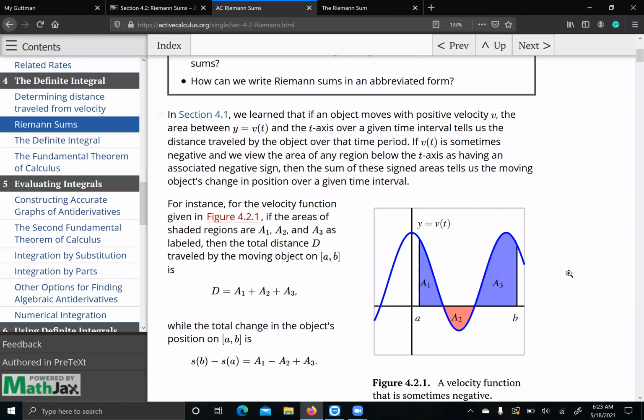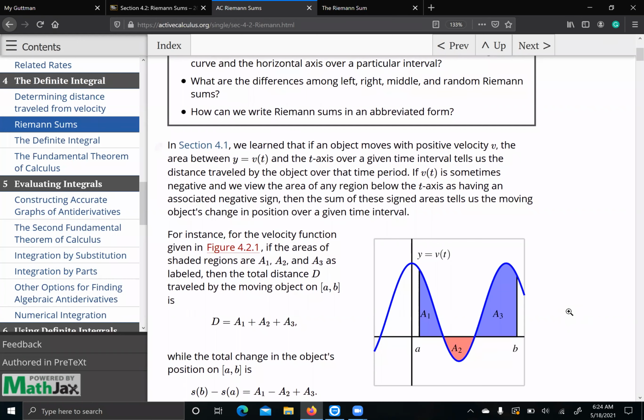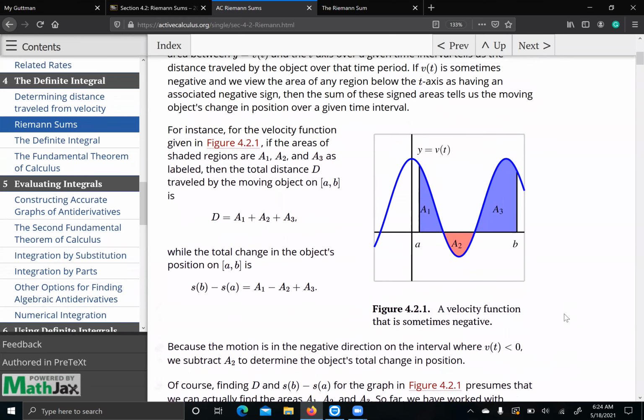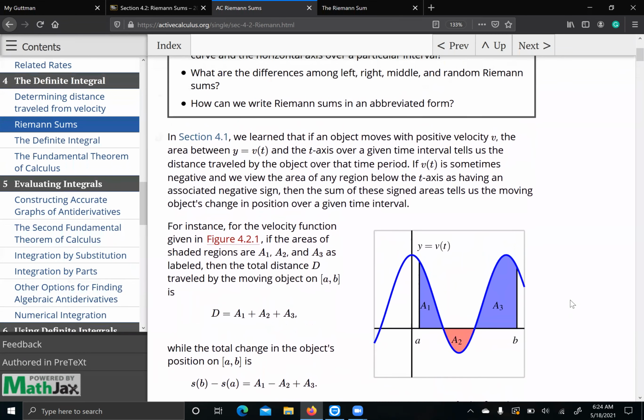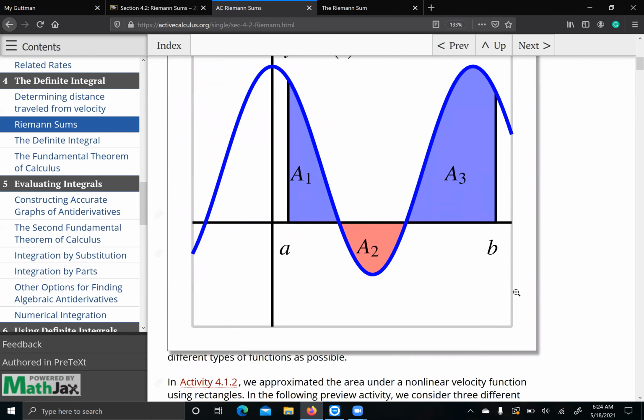So in general, if you have an object that moves with a positive velocity, and you have the graph of that velocity, look at this picture. This picture shows a graph, the blue curve, right?